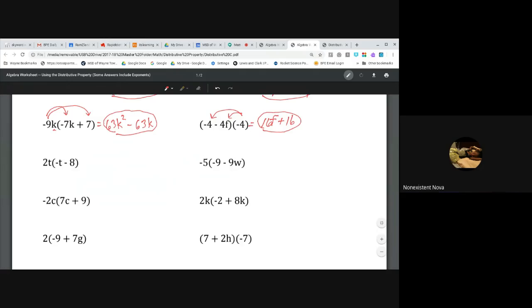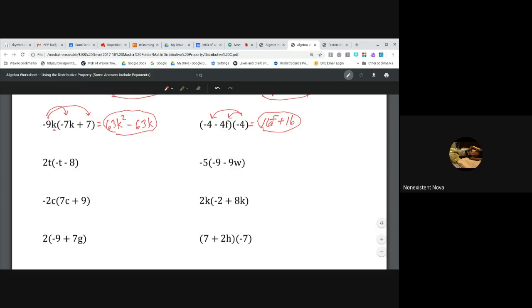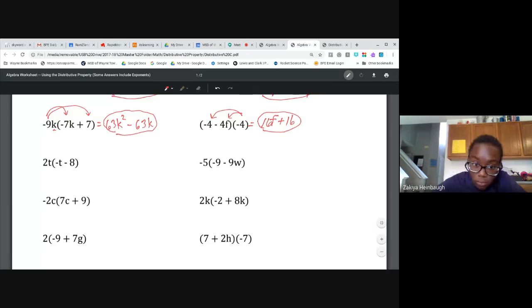If not, could somebody give me the second equation? I've already done one. The first question is -5 parenthesis -9 minus 9w parenthesis. Oh, thank you.